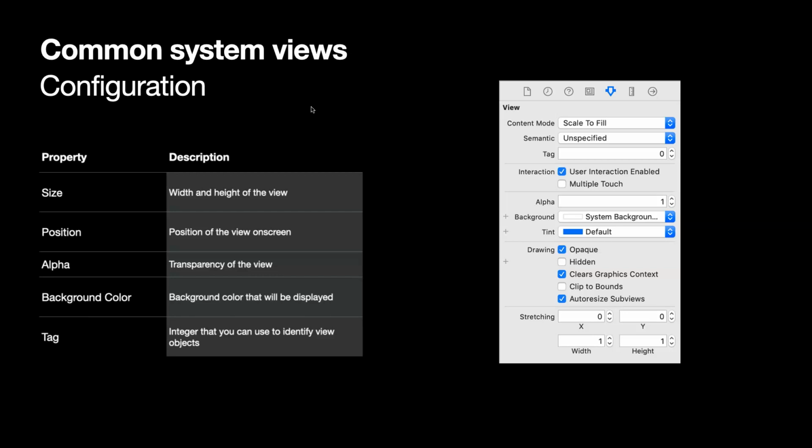The size property is the width and height of the view, the position is where you view it on screen, alpha is the transparency of the view, and background color is the background color that will be displayed. On the right, we have the attributes inspector, where you can go ahead and set some of those properties for your view.